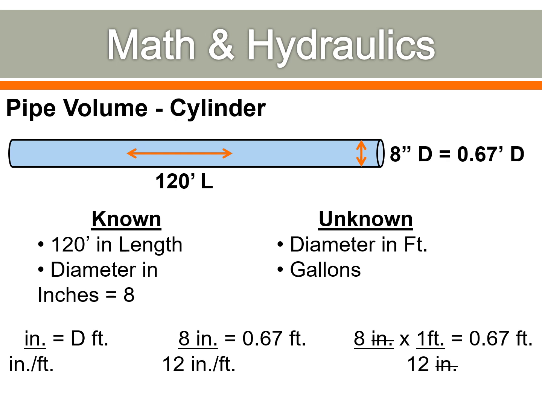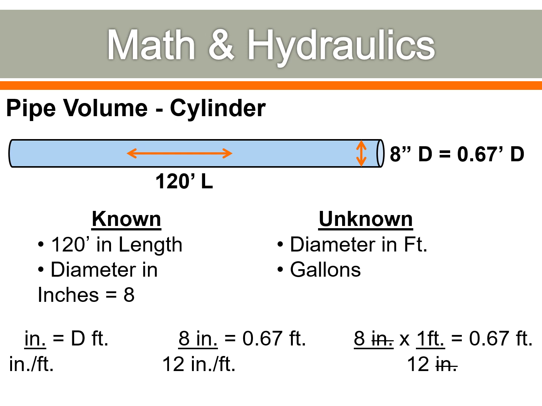Pipe volumes. So much like a reservoir, pipes are cylindrical in shape. The major difference is that reservoirs are given to you in feet, whereas pipes will always be given to you in inches. So you have to solve for that conversion before you can take any other steps. So 8 inches divided by 12 will give you 0.67 feet diameter.